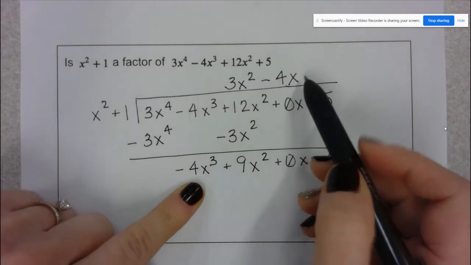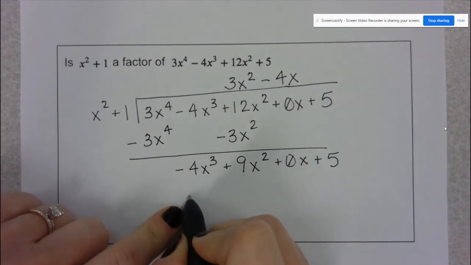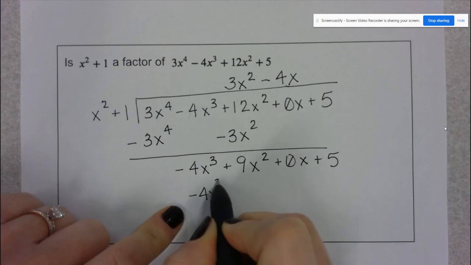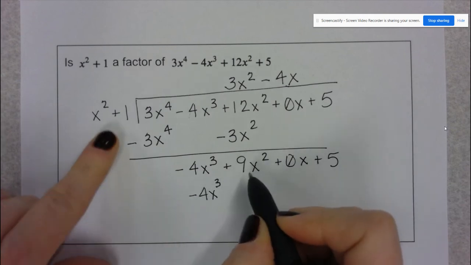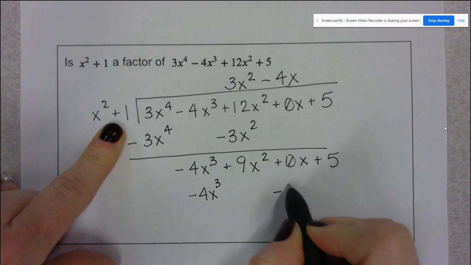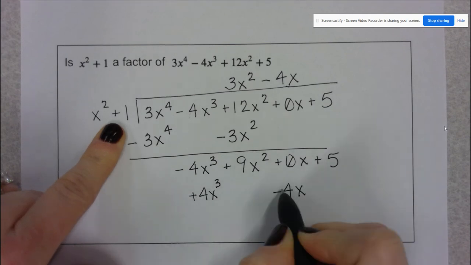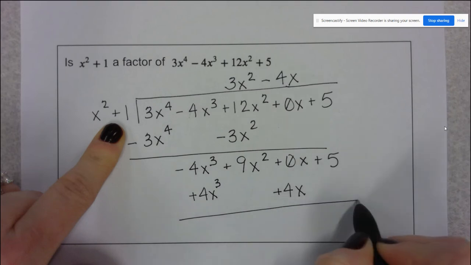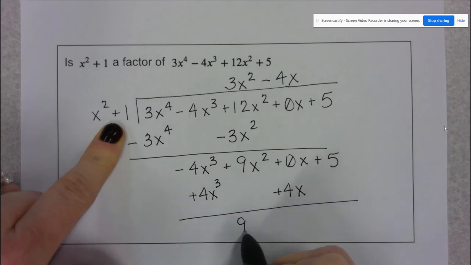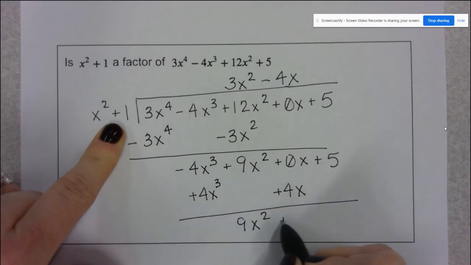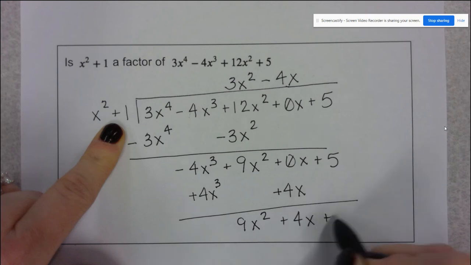So that's going to give me negative 4x cubed minus 4x. Now because I'm subtracting, I'm doing the opposite. So this will leave me with 9x squared plus 4x plus 5.